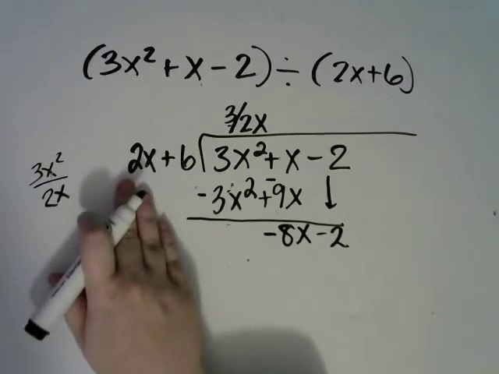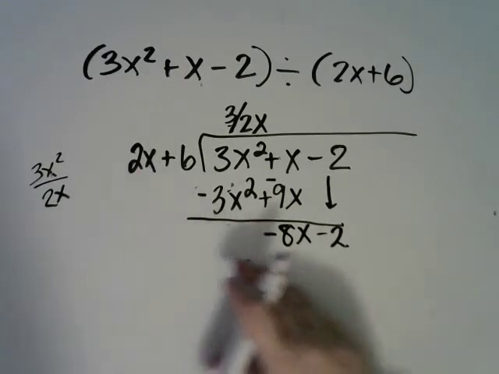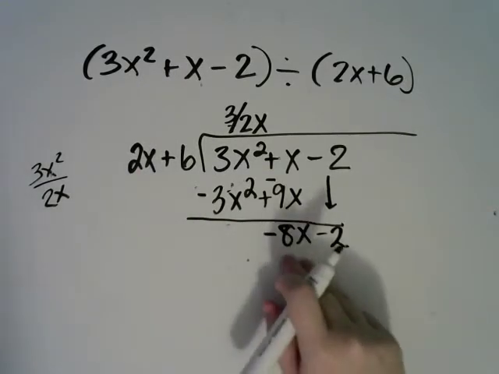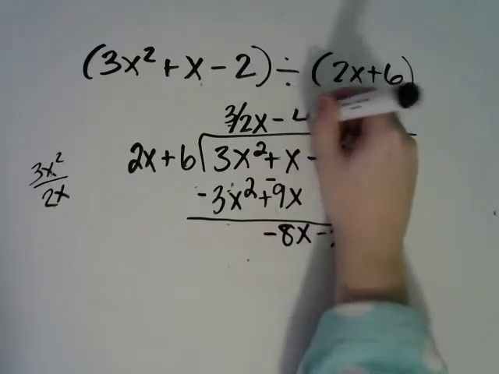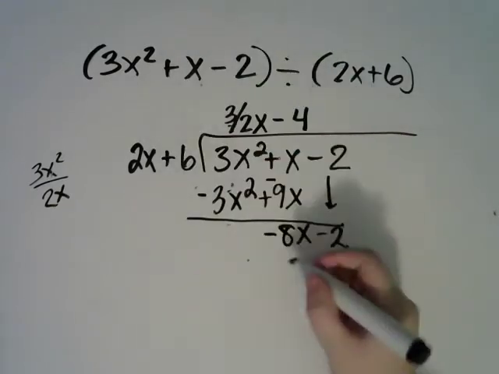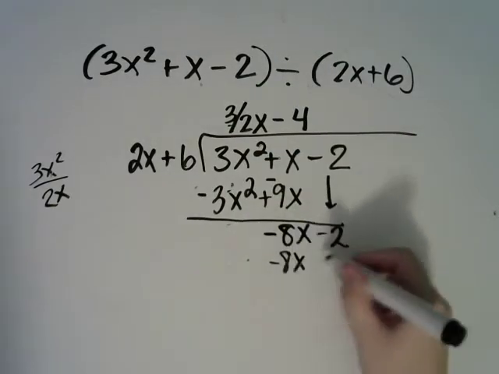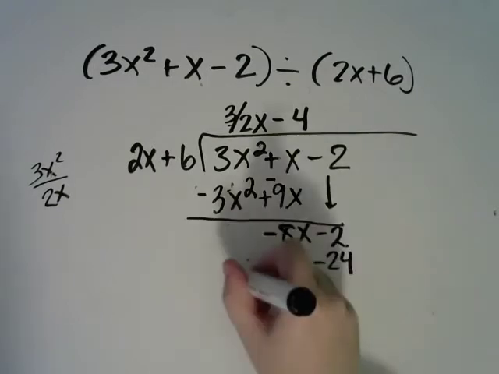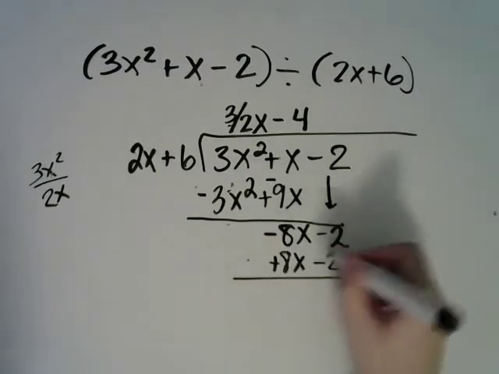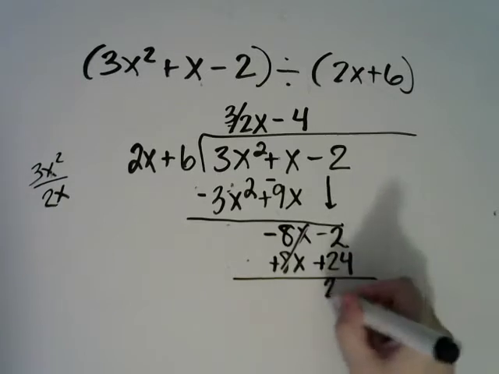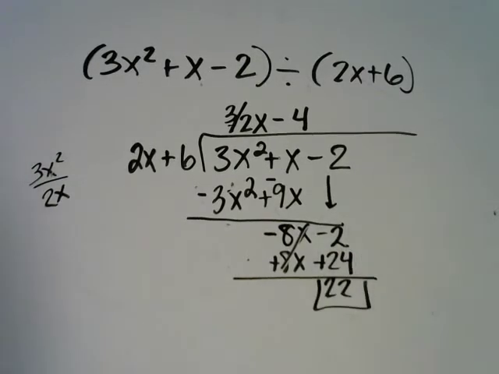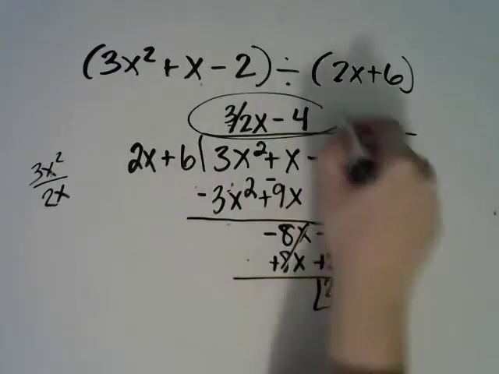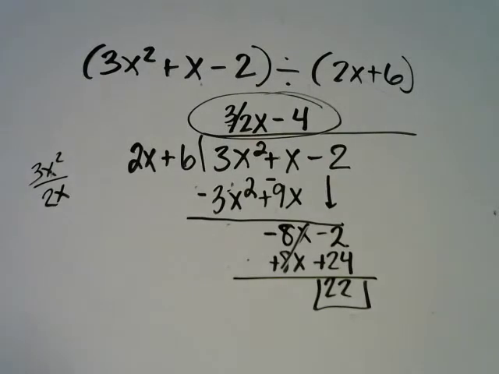How many times does 2x go into negative 8x? We get negative 4. Distribute and subtract. 22 is the remainder, and 3 halves x minus 4 is the slant asymptote, also known as the quotient.